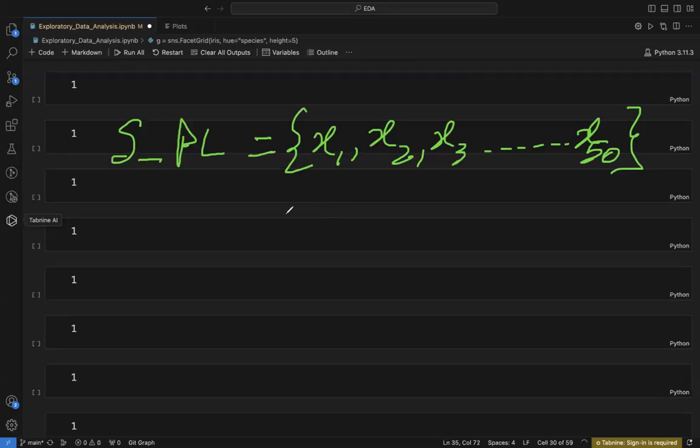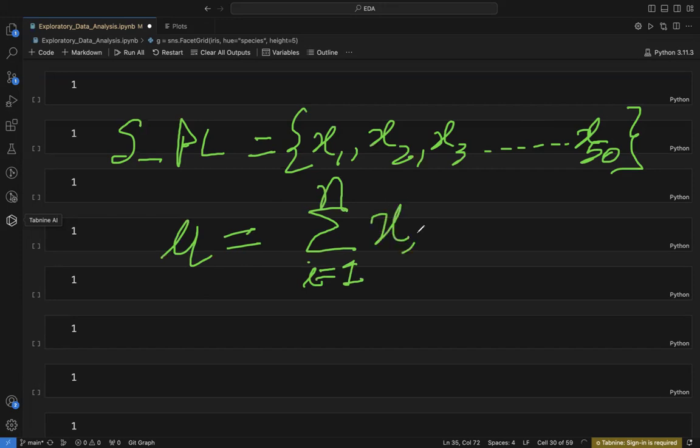After that, we said that our mu, or the mean, is nothing but the summation of all these values. Mu is equal to the summation of i equals 1 to n of xi, multiplied by 1 by n, where the value of n is 50.